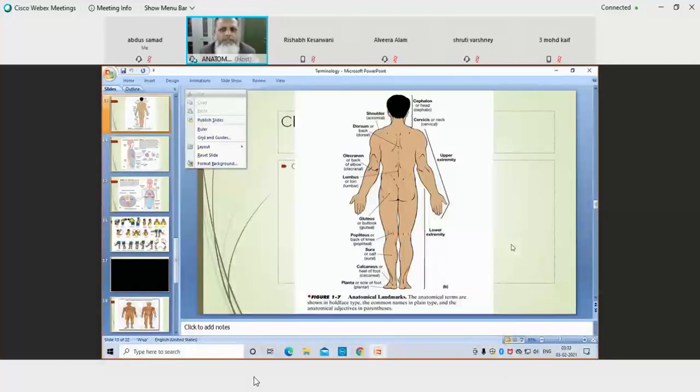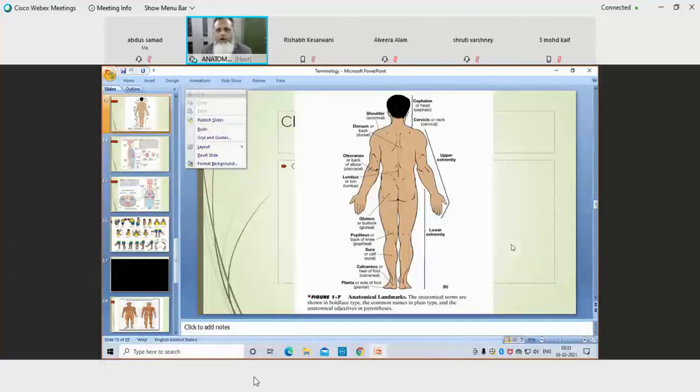First listen to the terms, then I will explain. Ipsi, I-P-S-I, and then lateral. Lateral and medial you already know. Add the prefix ipsi to lateral: ipsilateral. Another term is contra. Add the prefix contra to lateral: contralateral. The terms are ipsilateral and contralateral.